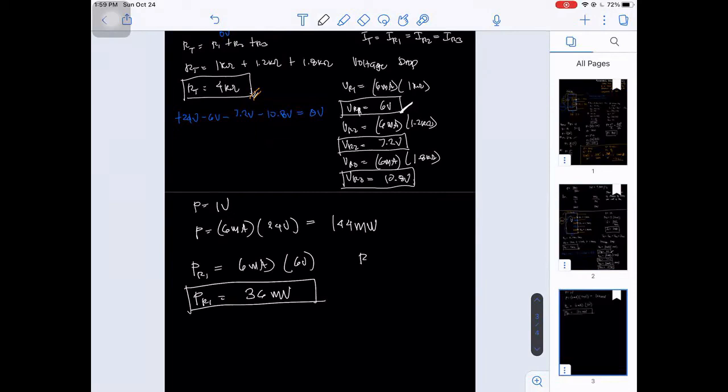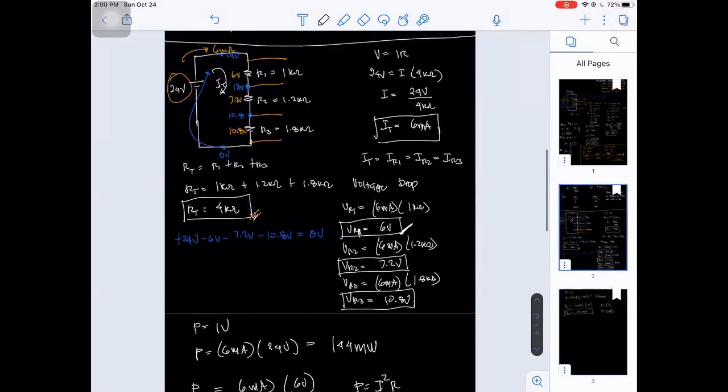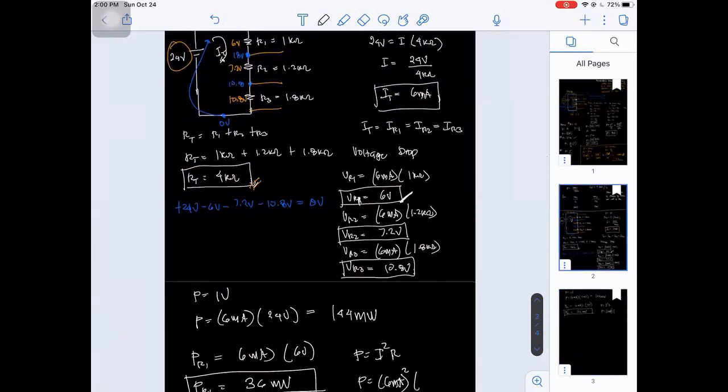For PR2, we have 6 milliampere multiplied by, okay, let's say we will use the other formula. P is equal to I squared R. So power is equal to the total current, 6 milliampere, squared, multiplied by the resistance across R2, which is 1.2 k ohms.